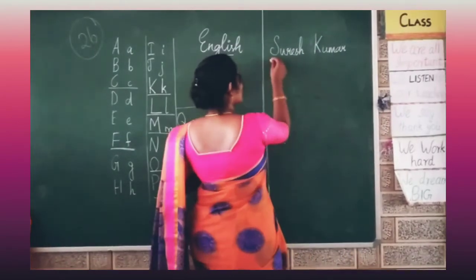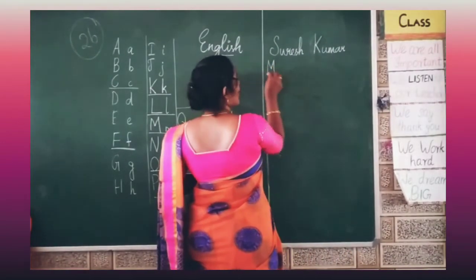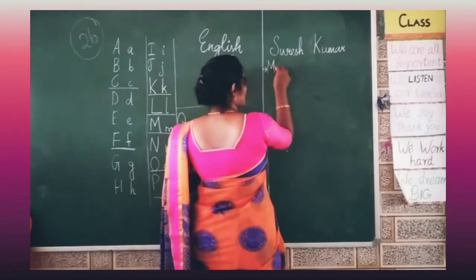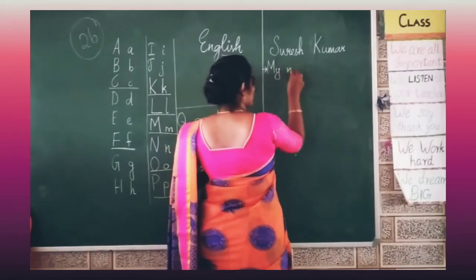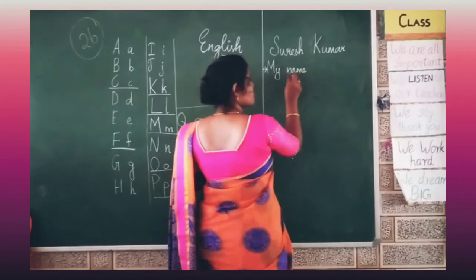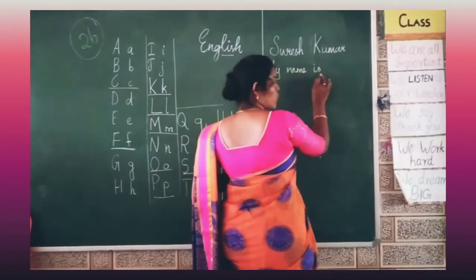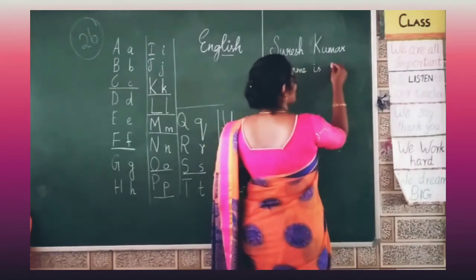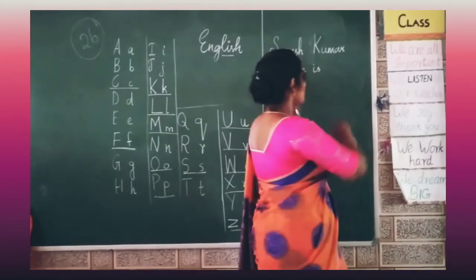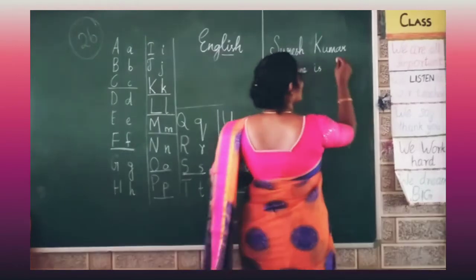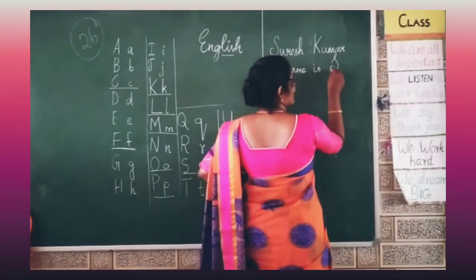For example, I have to write like: My name is Suresh Kumar. I started with capital letter. My name, name with small letters, is, I-S, small letter. Suresh Kumar is coming almost at the end of the sentence, but I have to start with capital letter.